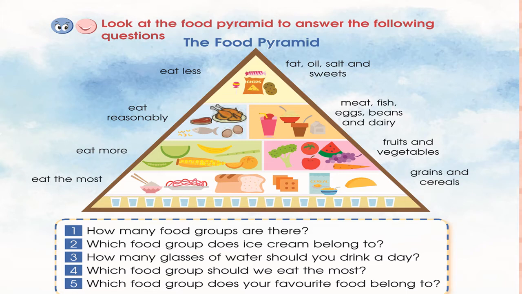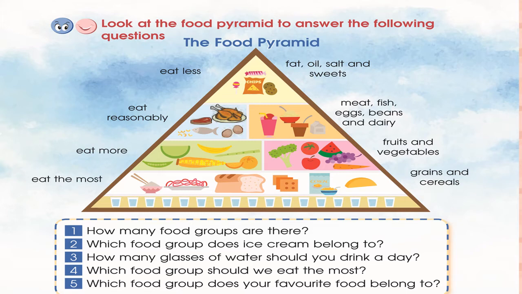Okay? Fat, oil, we must eat them less. You must eat less these kinds of food: fat, sweets, and salt. Second type: eat reasonably. We must eat meat, fish, eggs, beans, and dairy reasonably.